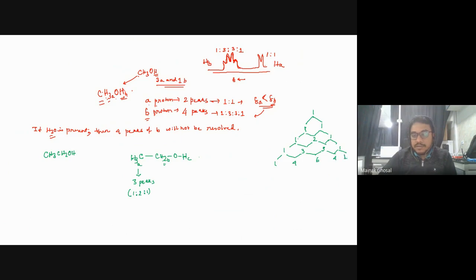For three splitting, you can see 1:2:1 ratio. But for four, you can see 1 3 3 1. So I have written that 1 3 3 1 there. So it is 1:2:1.